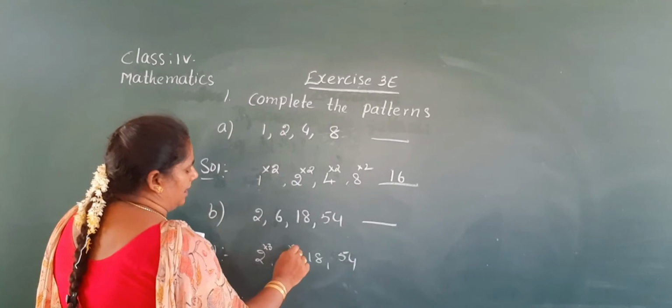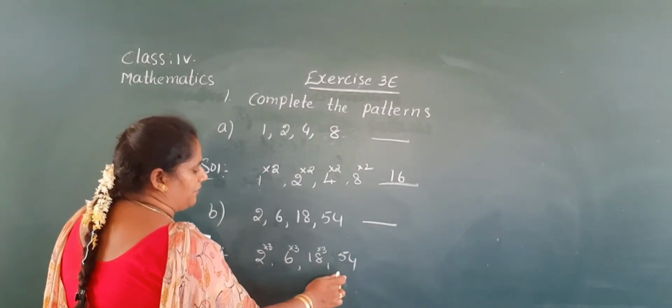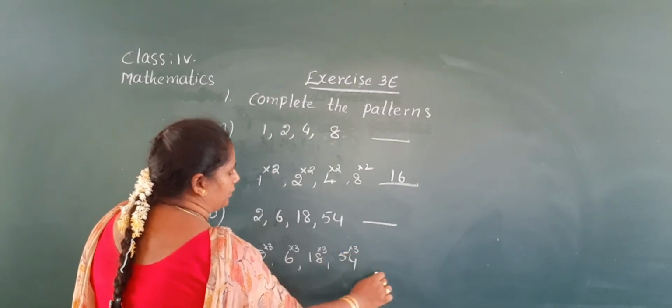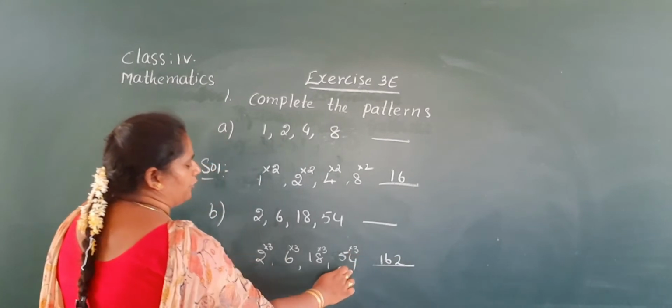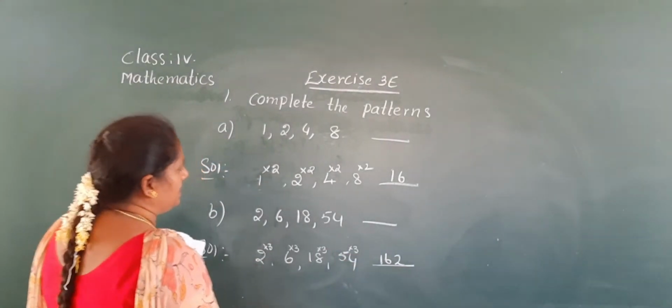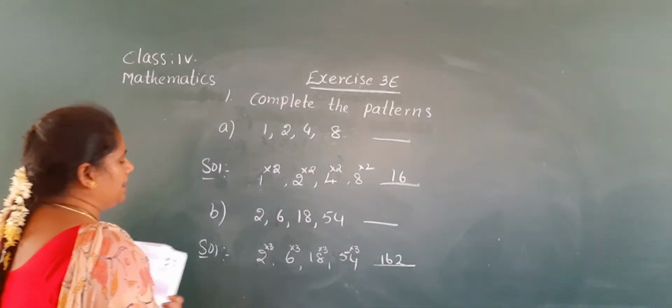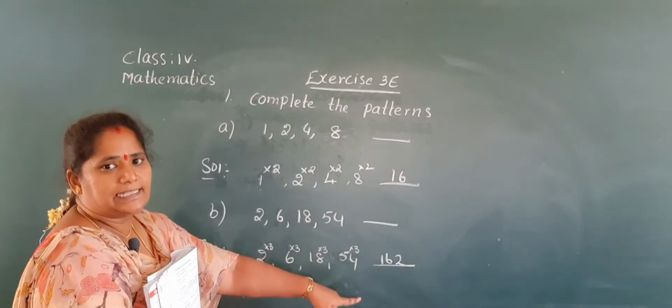Then 6 3s are 18. If 18 is multiplied by 3, 18 3s are 54. 54 into 3. So 162. 3 4s are 12, 3 5s are 15 plus 1, 16. Okay, 162. So here the number is being multiplied by 3 to get the next number.